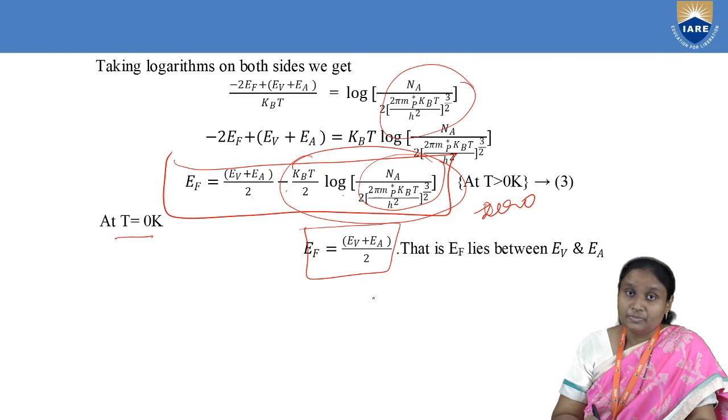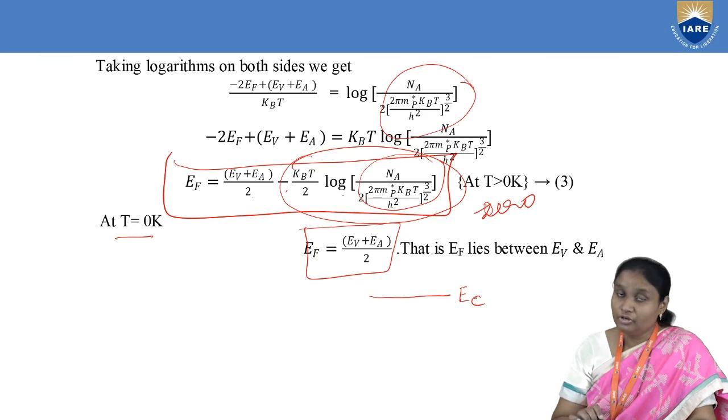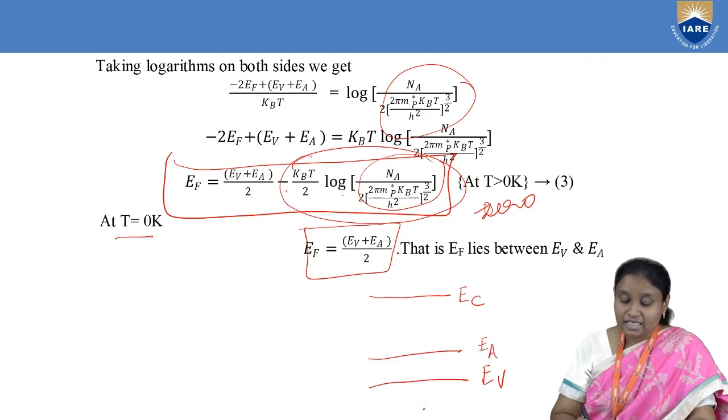So if we try to represent it in terms of an energy level diagram, I have my conduction band, and there is no involvement of the conduction band in the case of p-type semiconductors. Then I have my valence band, and there is one more acceptor energy level, which is close to the valence band. So at T equal to 0 kelvins, where is our Fermi level?